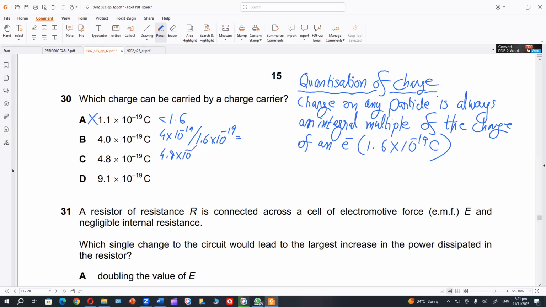It's C. What answer is coming for B? 2.5. 2.5, right? So that is also rejected because electrons exist in whole numbers. So for C, what about C? 3. Coming as 3.